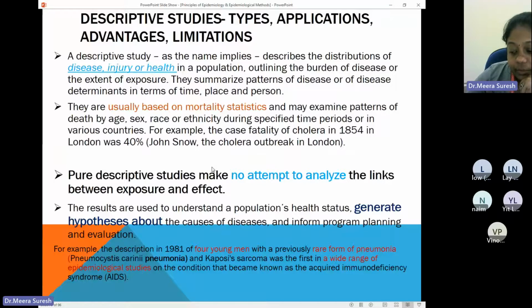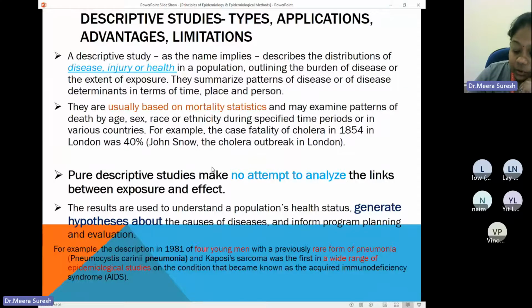So the difference between descriptive and analytical is that in descriptive studies, when you describe the disease, you just describe it. You don't do any statistical calculation. You don't compare whether the etiology and the outcome, the cause and the effect, are connected, mathematically related, or whether there is any statistical relationship or association.